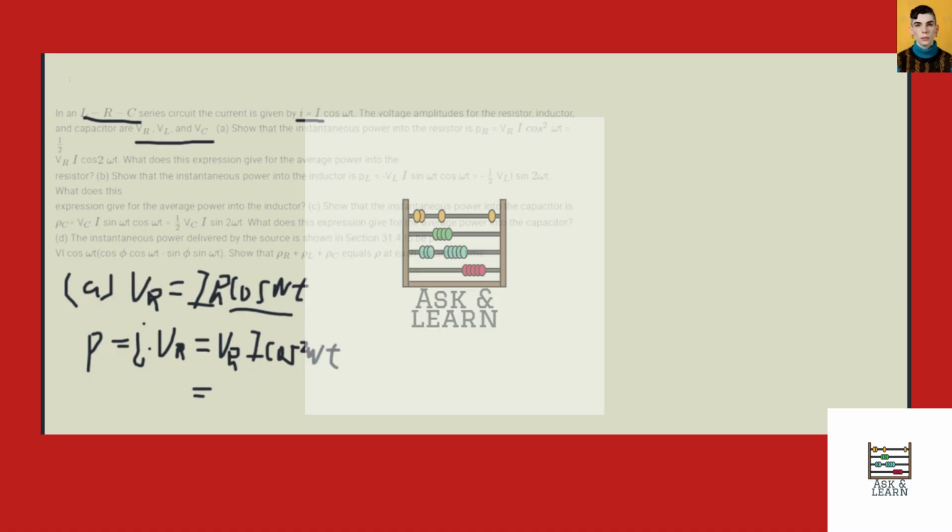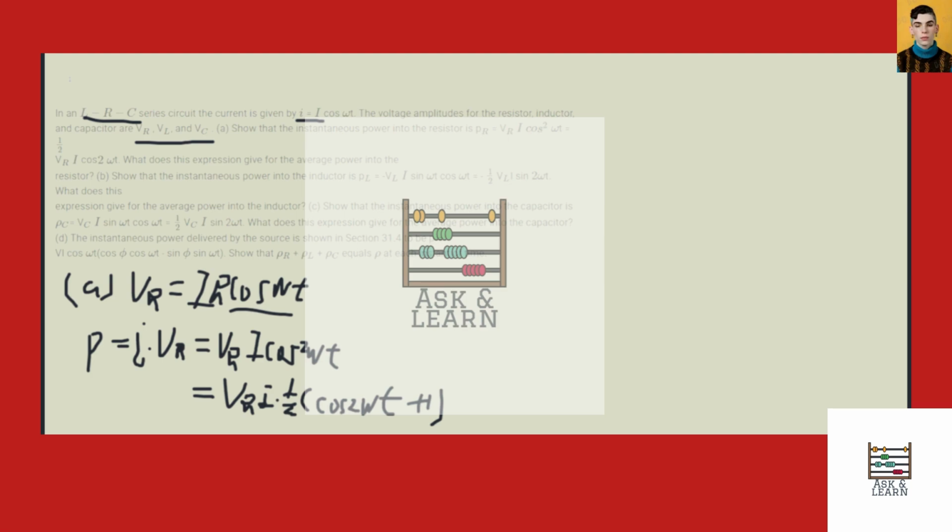And then you utilize the trigonometric function relation, and you will see that this is equal to half VR I times (cosine 2 omega t plus 1).